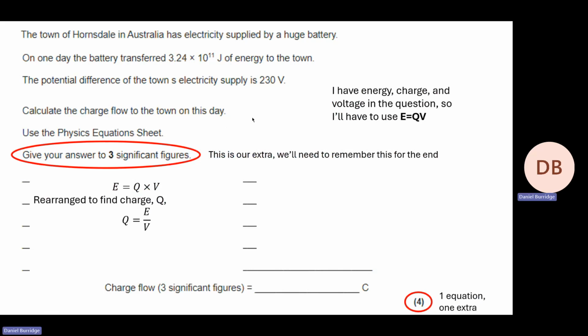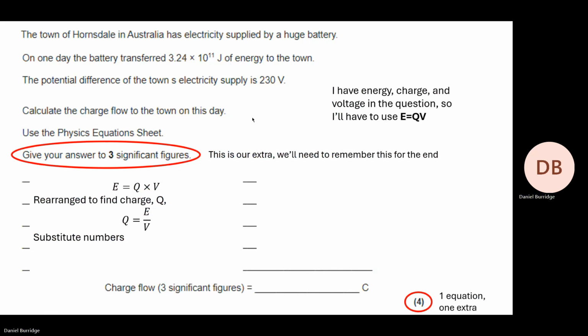All I need to do now is put my numbers in. Like we said before, we don't need to convert these ones, we just need to substitute them in. The power of 10 you can put in your calculator straight away. You don't need to convert it into a full number. You can leave it in standard form and put that in your calculator as it is. At the bottom of your calculator, all of you should have scientific calculators at this point. If you don't, then you've got things to worry about.